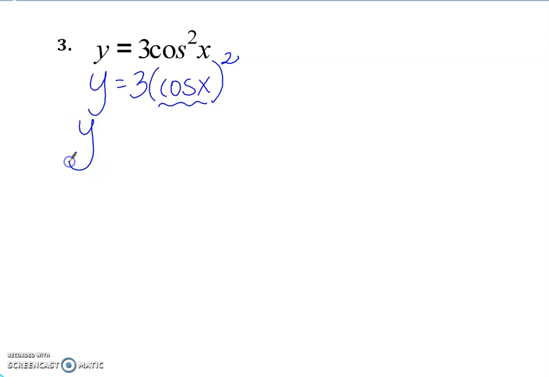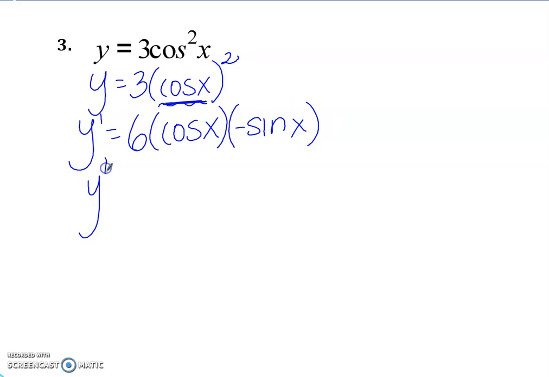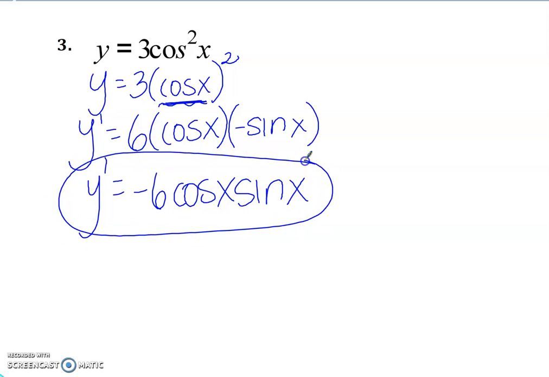So to start, I'm going to bring that 2 out front and make it 6. When you subtract 1 from that, it just becomes to the first power. Then I take the derivative of what's inside, which is negative sine x. Simplifying this, I get negative 6 cos x sine x. Okay, that's number 3.